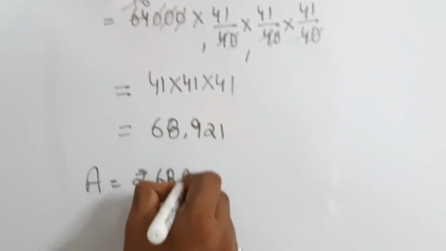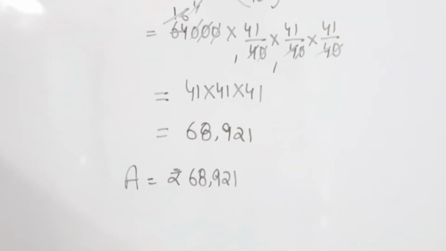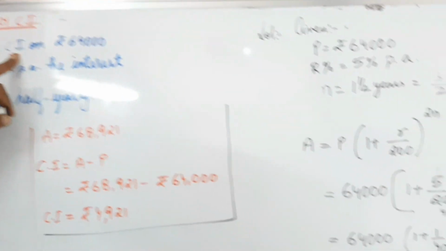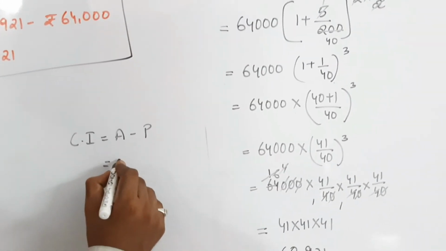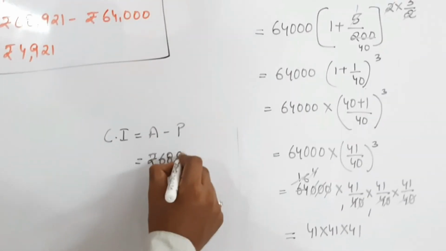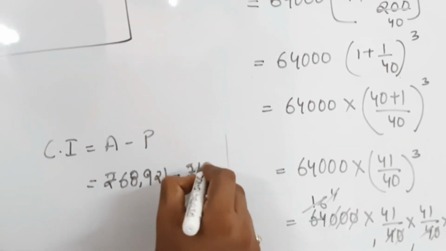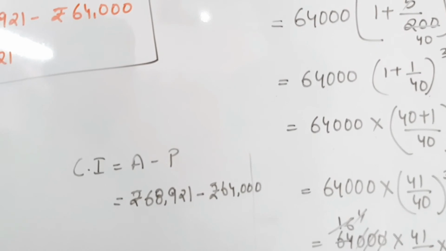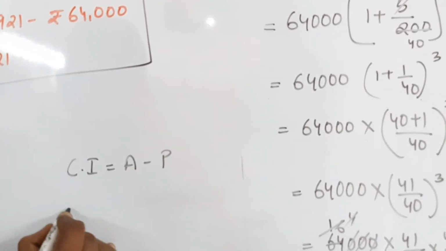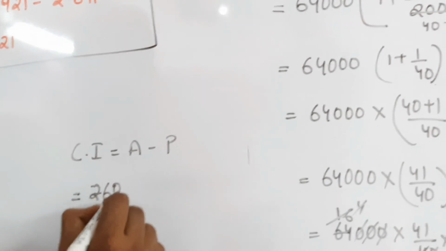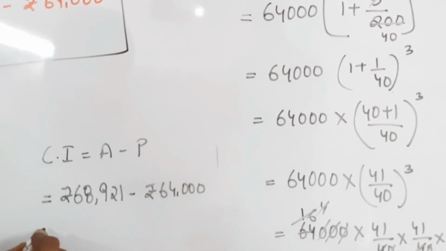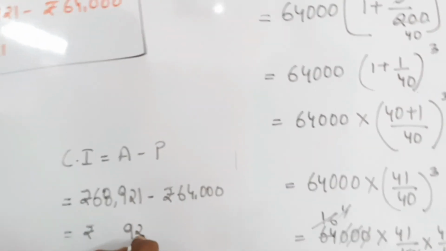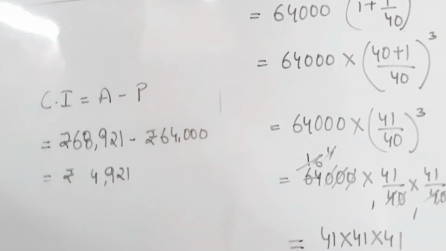Amount is rupees 68,921. What do you need to find out? What is given in the question? In the question they ask you to find out the compound interest. So compound interest is equal to amount minus principal. Amount is 68,921 minus rupees 64,000. So 921, 8 minus 4 is 4.